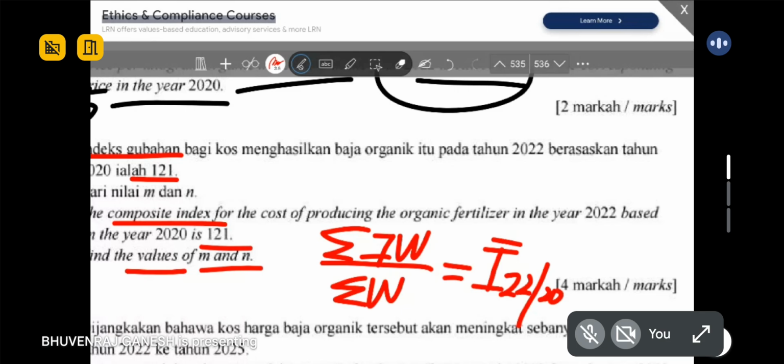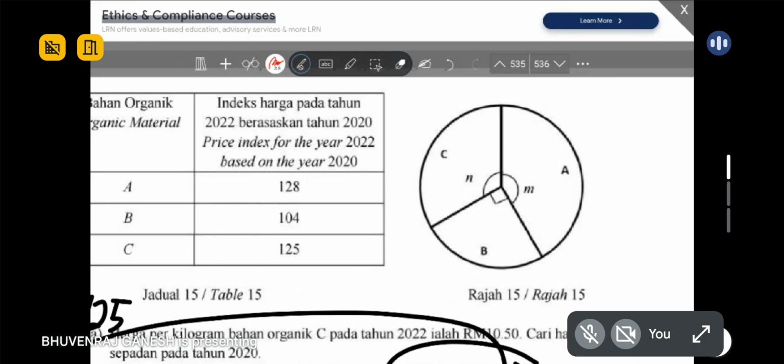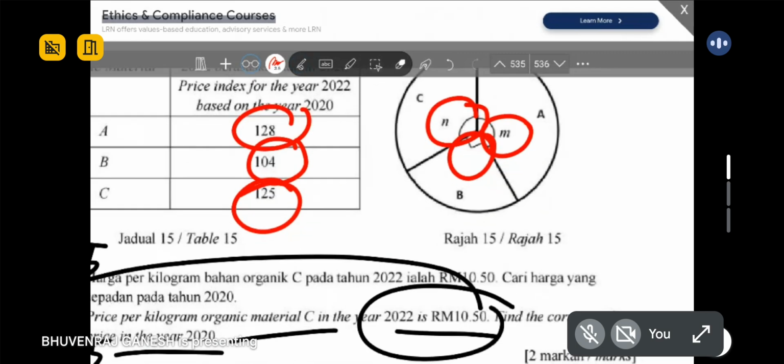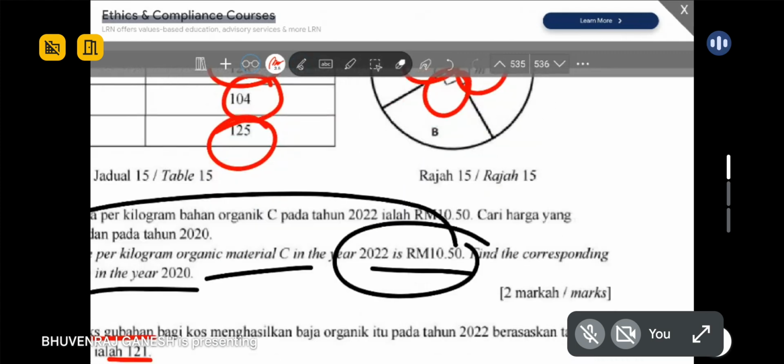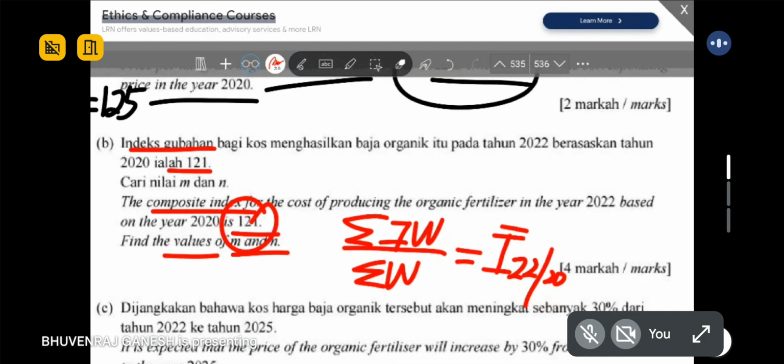So it's something like this. Okay, so you just use the table. You need to find M and N. So 128 times M plus 104 times 90 plus 125 times N over M plus N plus 90 equal to 111. Do you get it? Dapat? So this is your first equation.